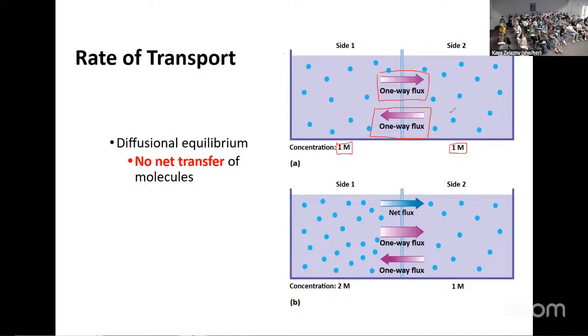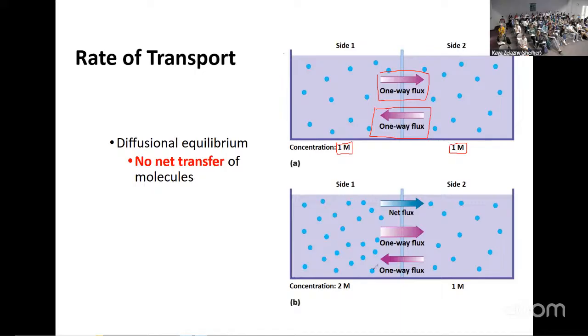They might be able to move across the membrane in the middle. In this case, they can. But in total, anything that moves across one way is going to have something randomly balancing it in the other way, because we've got this equilibrium state, this even concentration on both sides. So this is diffusional equilibrium, meaning that there's no net, no total transfer of molecules.